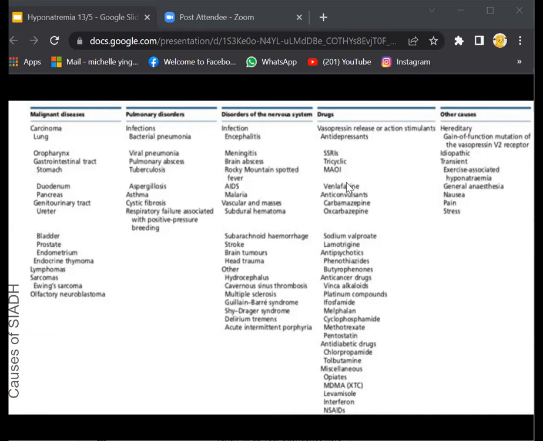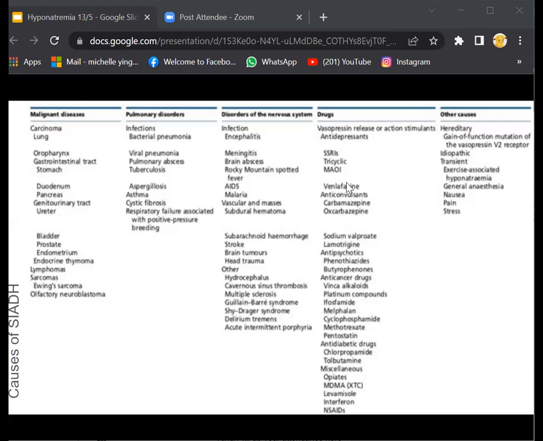Disorders of the nervous system can also cause SIADH, commonly infections such as meningoencephalitis. Also ICH, stroke, brain tumor, head trauma, hydrocephalus and GBS can cause SIADH.